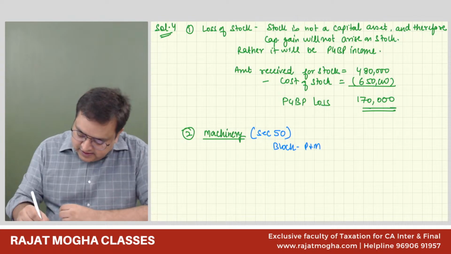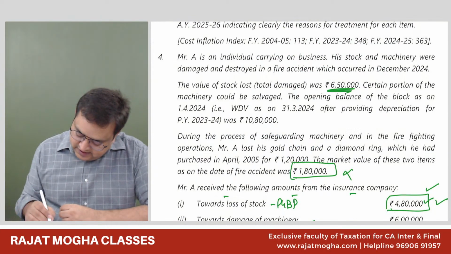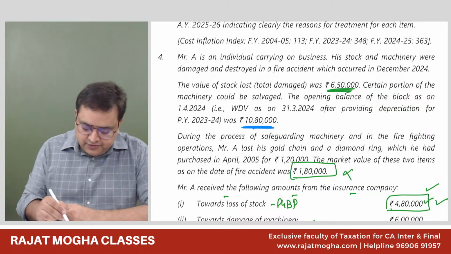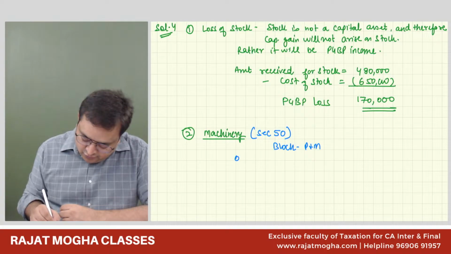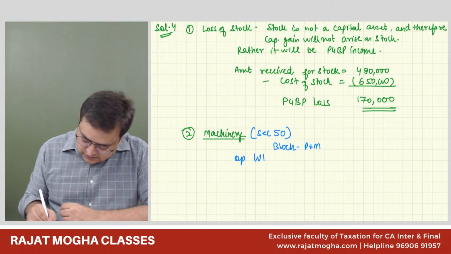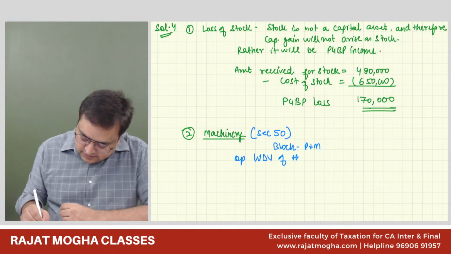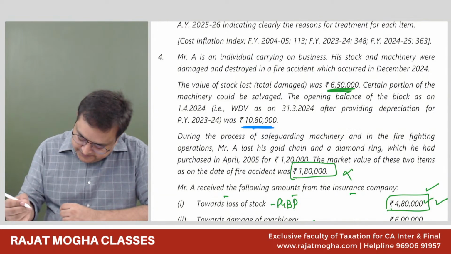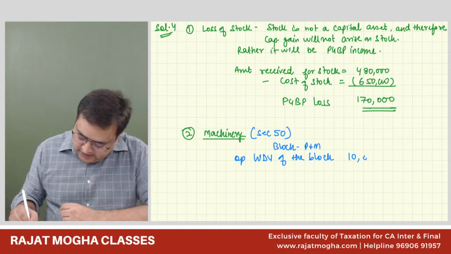And they have told us that this is a block of plant and machinery and the opening value of the block is 10,80,000. So opening WDV of the block is 10,80,000.